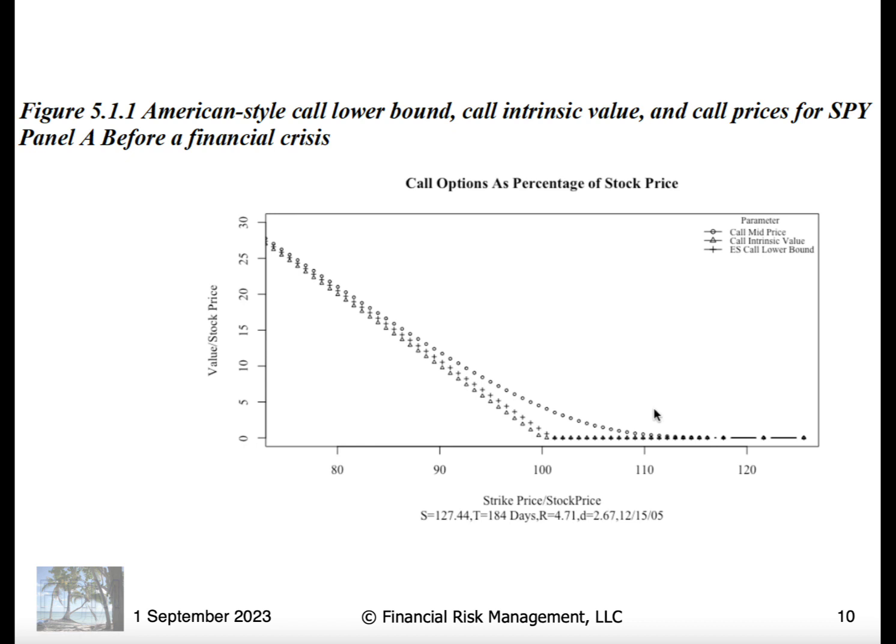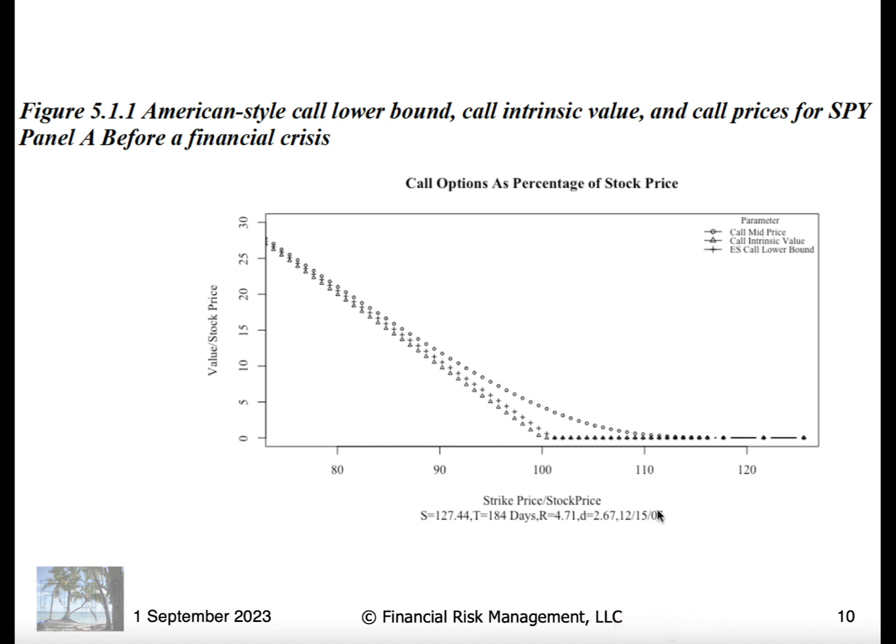Another observation is as I go further out of the money, the option price tends to zero. When I go further in the money, it tends to the higher of the intrinsic value or the European style call lower bound. Because these are American style, it could be exercised early because this is dividend paying. When we get into technical details, we'll look at this more.